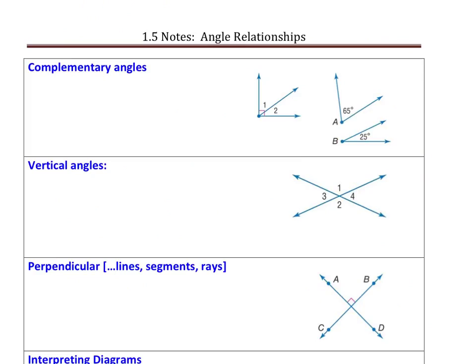Complementary angles, on the other hand, are two angles whose sum is 90 degrees. So two angles, and again I did not say adjacent. So over here in the diagram, you can have two adjacent angles, such as 1 and 2, that are complementary.